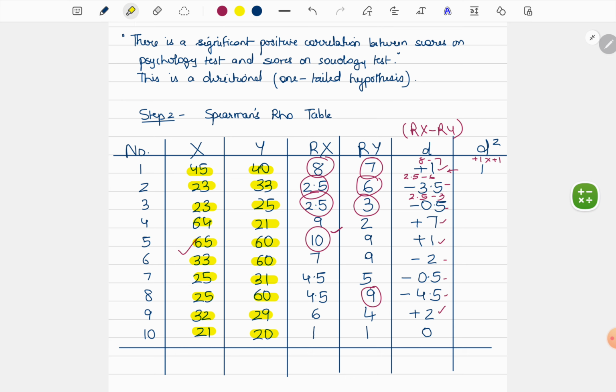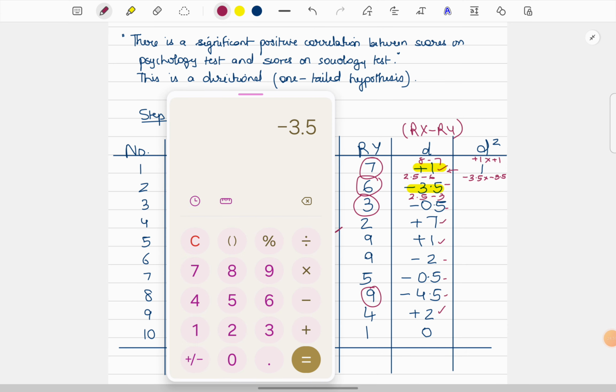Okay, the next value you can see is minus 3.5. So what you need to do mentally, minus 3.5 into minus 3.5. In many calculators you will have the squaring function. As long as it is not a scientific calculator, you're allowed to use that. But right now I'll assume that you do not have the exponent or the squaring function.